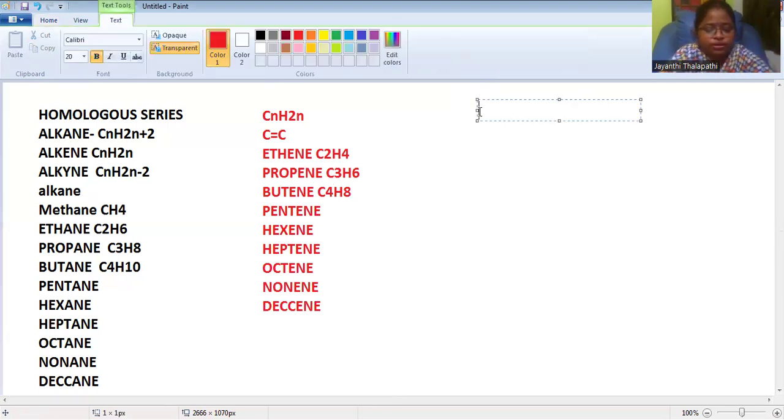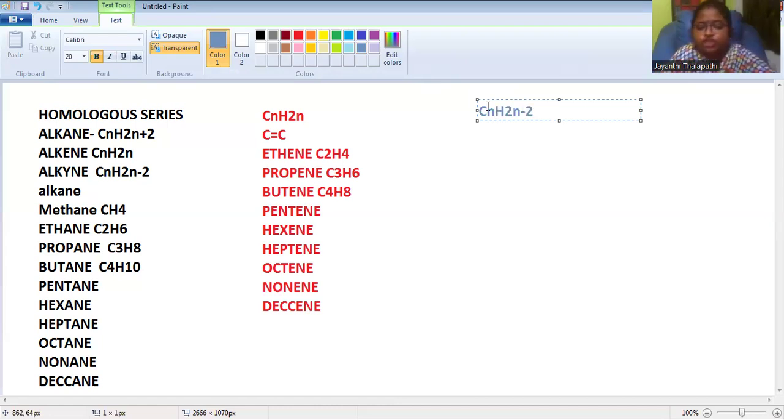So over here, alkyne is what? CnH2n minus 2.